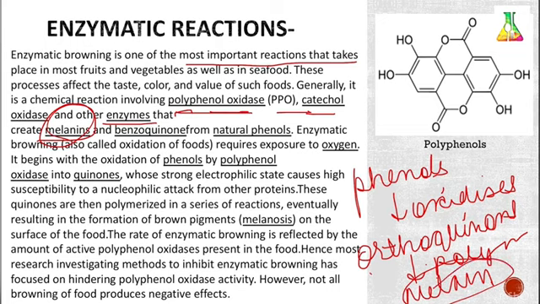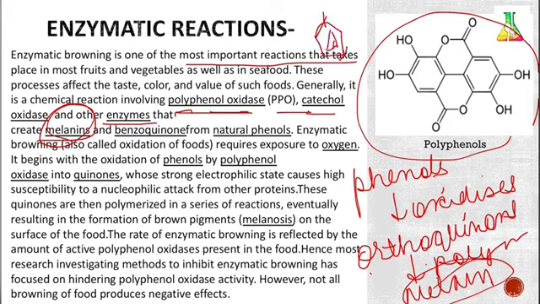Here is the structure of polyphenols. Polyphenols are a large family of naturally occurring organic compounds characterized by multiple phenol units. We are familiar with phenols, and polyphenols are nothing more than a group or polymer of phenols.